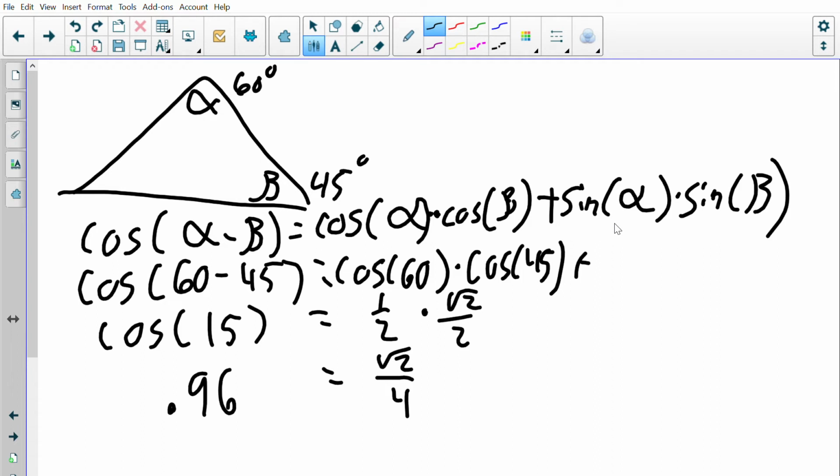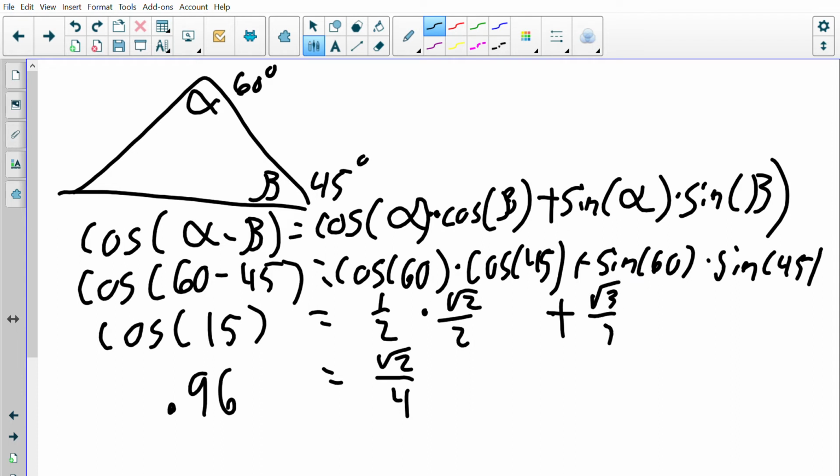Then on the other side, sine of 60 times sine of 45, again using my unit circle. Sine of 60 is root 3 over 2 times sine of 45, which is root 2 over 2, which gets me root 3 times root 2, which is root 6 over 4, and I plugged that into my calculator, and I got 9.6.